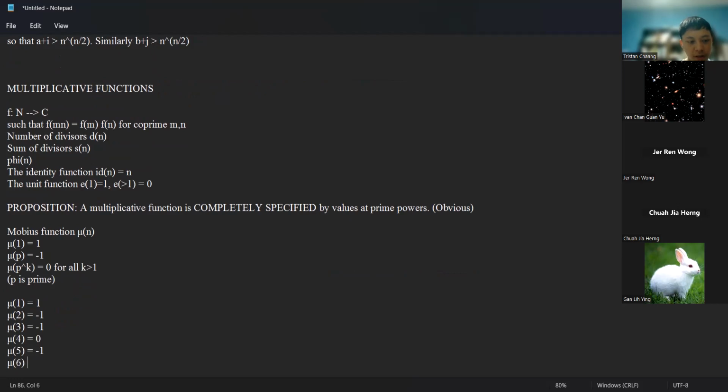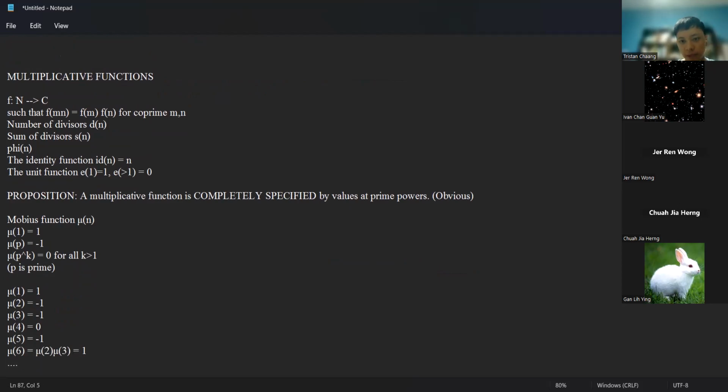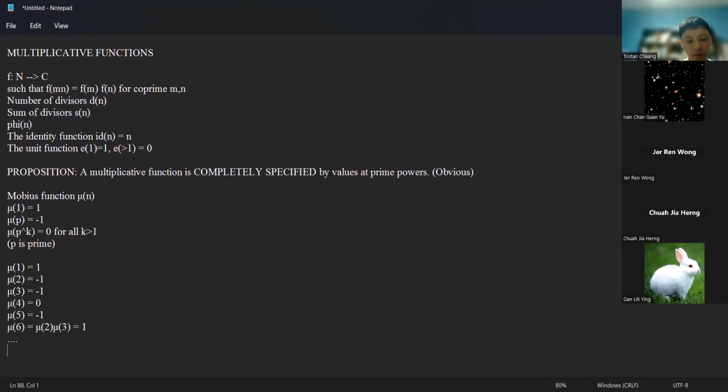Mu 6 is mu 2 times mu 3, which is 1. And so on. So the most general form is that mu n is (-1)^k if n equals p1 p2 ... pk is square free, and mu n equals 0 otherwise.